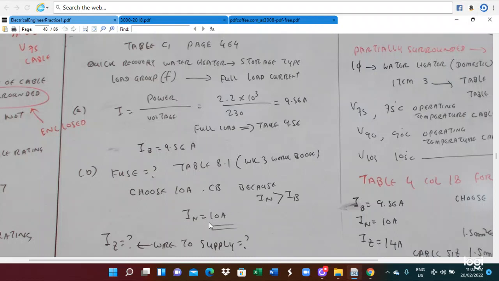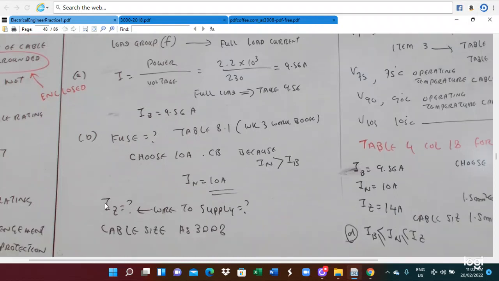So in this case, the nominal current IN, the circuit breaker rating, is 10 ampere. That is greater than the maximum demand current. So 10 ampere is greater than 9.65, so we satisfy that.